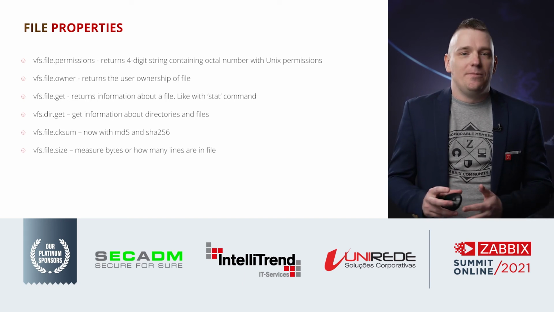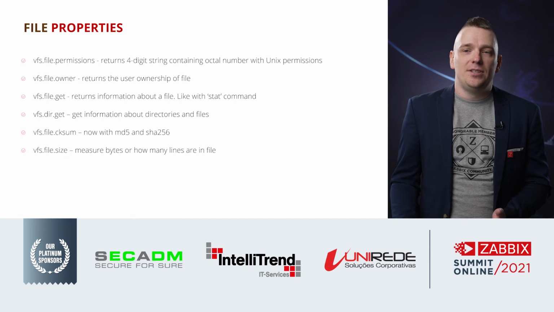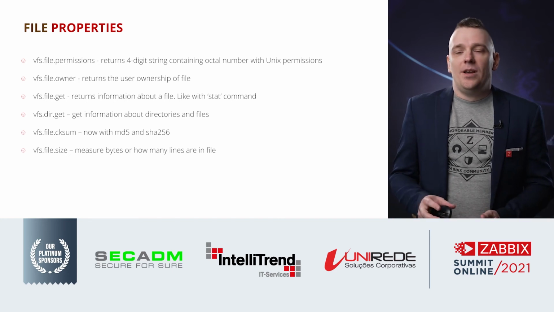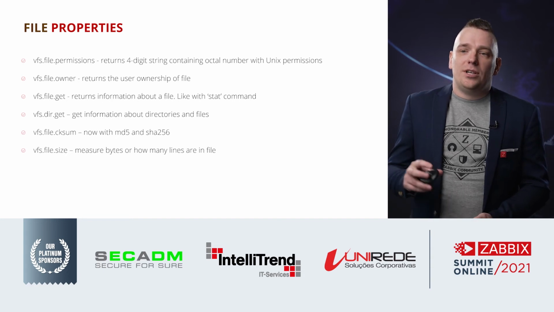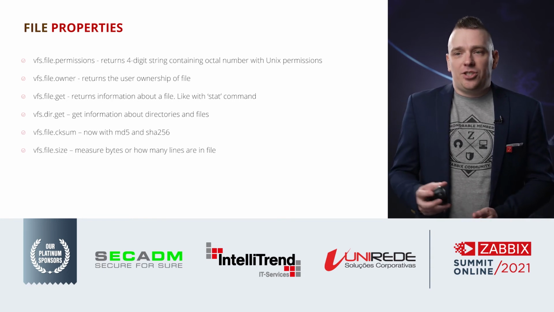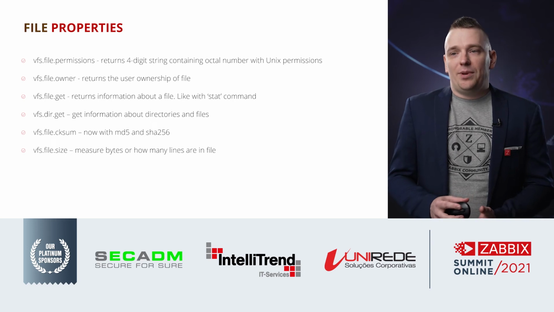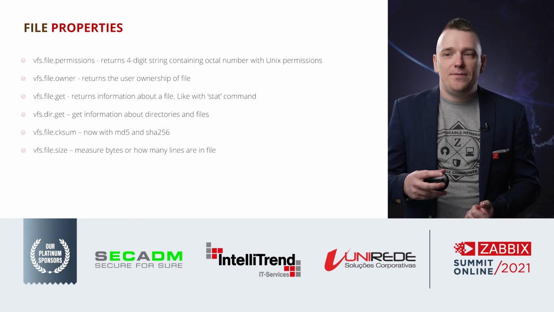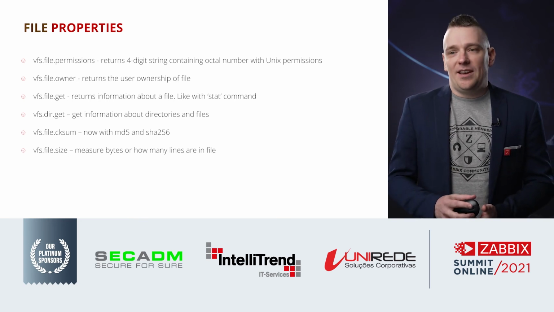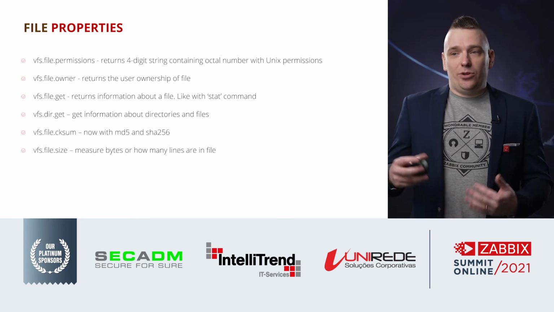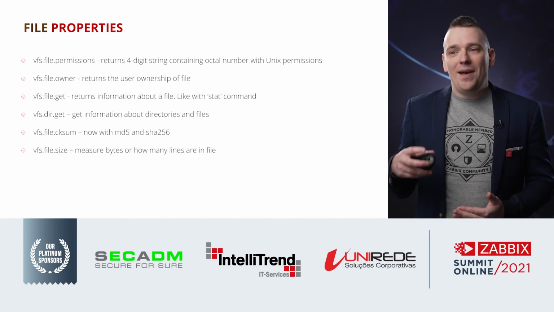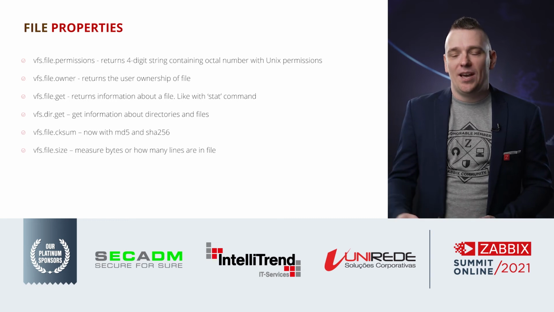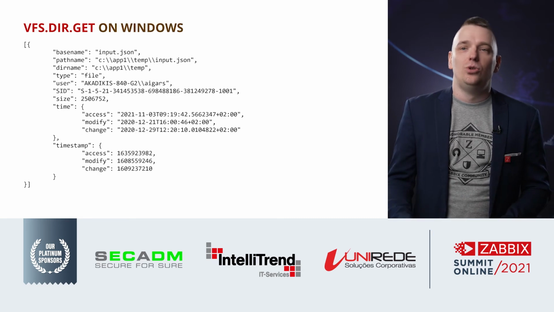We can see all the characteristics, modify time, and some other user and permission information using file.get or directory get. Checksum. Checksum was supported for a long time, but now it offers also MD5 checksum and SHA-256. And file size, measuring the bytes, and also a quite interesting thing, how many lines are in the file. Maybe you really care about lines, so we now have a dedicated key to do this task.